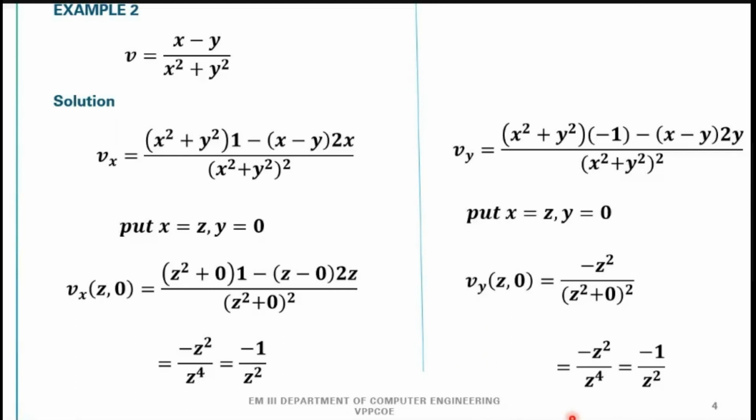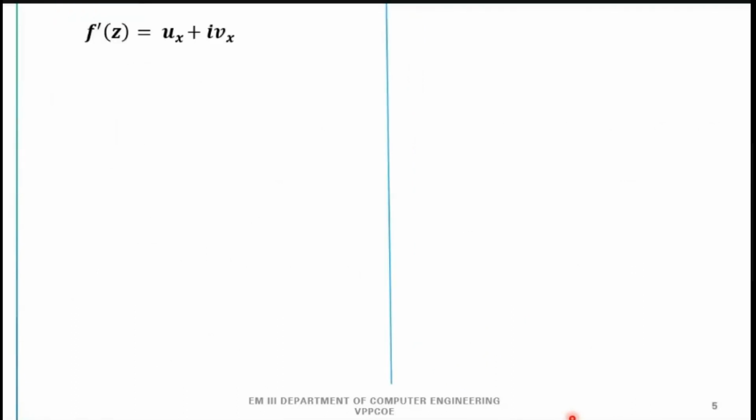So in the next step, I write f dash of z is equal to ux plus ivx. And since ux is not known, again, CR equation, replacing ux by vy. We are having ux here, but we know ux is equal to vy from the CR equation.